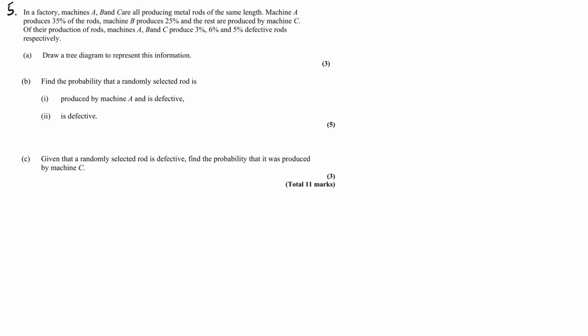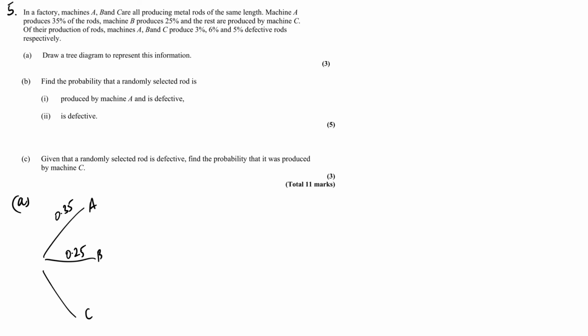Now, first part of this is to draw my tree diagram. Let's do this underneath. We've got, in a factory, machines A, B and C. And they're all producing metal rods of the same length. A produces 35%, so 0.35. B produces 25%.